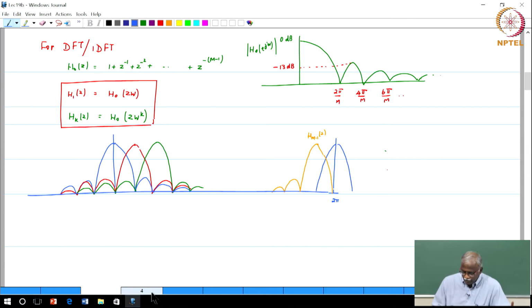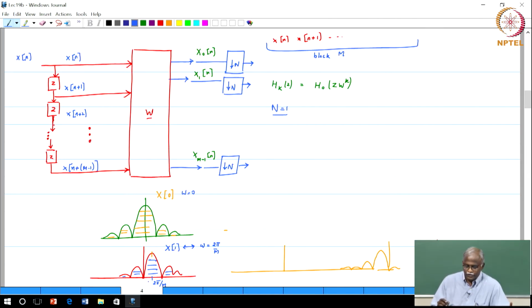Okay, so we went so far as to say that the basic structure of the DFT that we compute is this: you take a stream in the form of x of n plus 1, you take a block of m, and then you compute its DFT, and that block can be generated by passing the input signal through a series of advance operators.